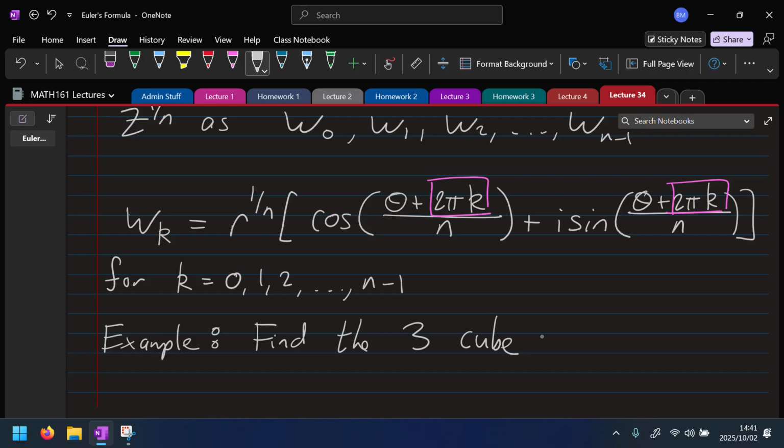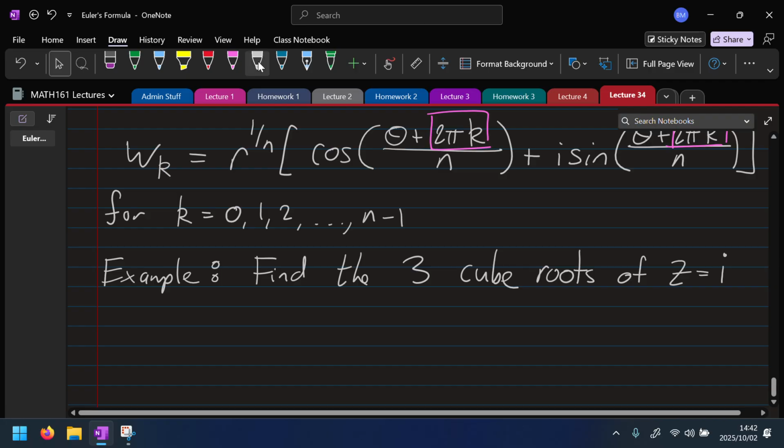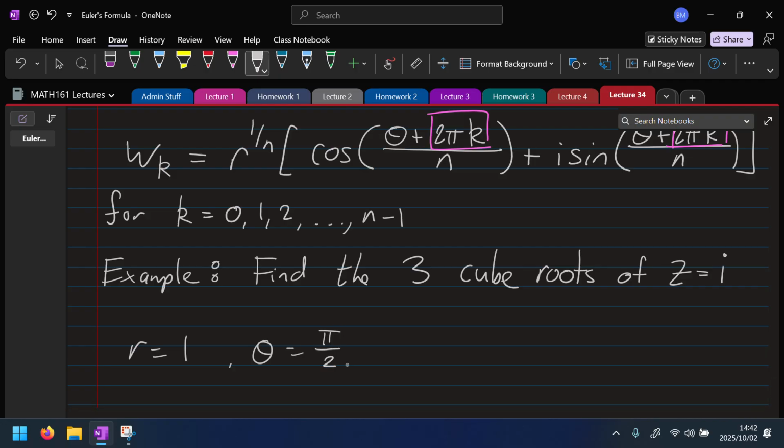So find the 3 cube roots of z equals i. Okay, so let's have a look. We need to find r, we need to find theta, and then we need to find these w0, w1, w2. Okay, so r, that's just going to be 1. Theta, that will just be pi over 2.